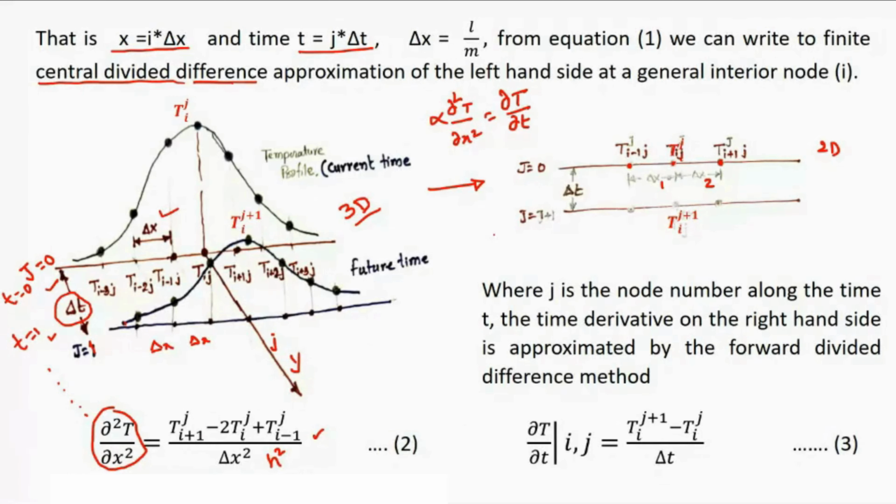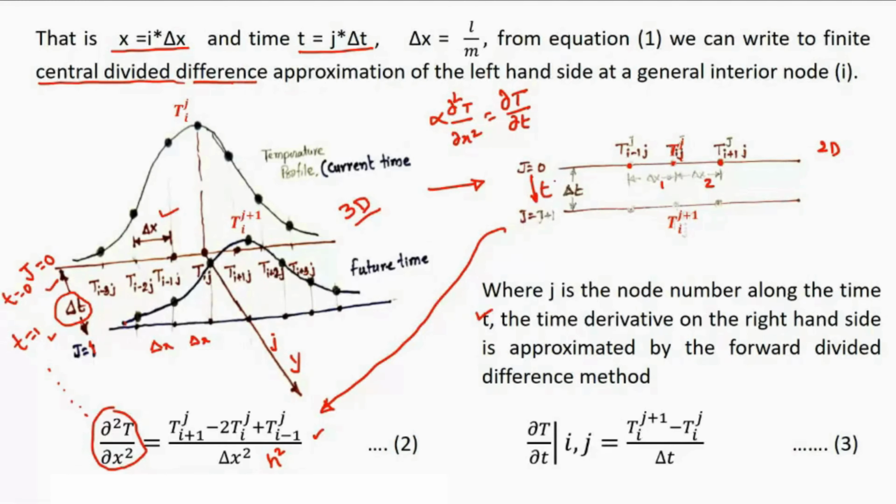From this diagram we have derived this equation, and a similar equation we derived in the previous section of the same chapter. Now here j is the node number along the time interval. This is the time interval.